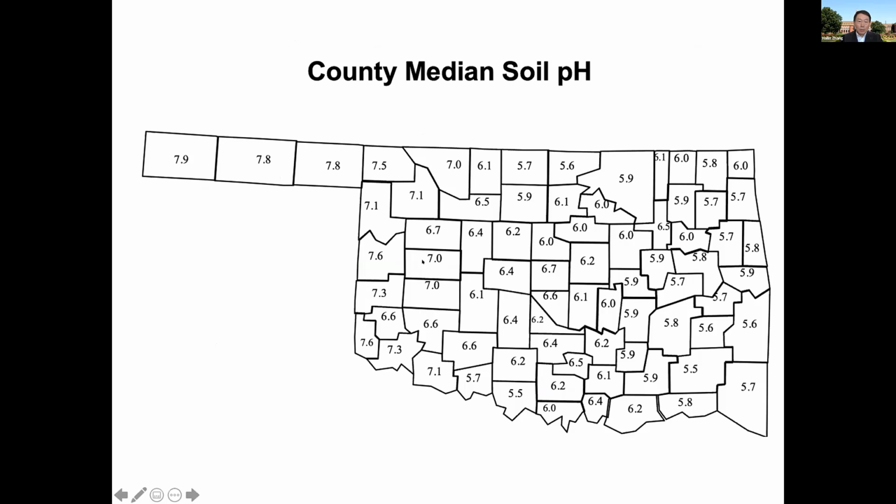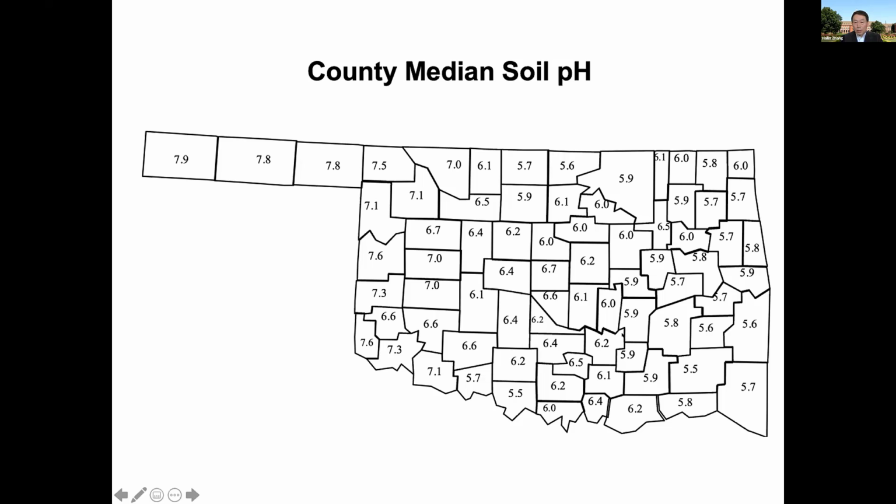In Western Oklahoma, we have lots of calcareous soil there. However, even your medium or average pH is high up there. You can find some spots with low pH. It could be a problem.